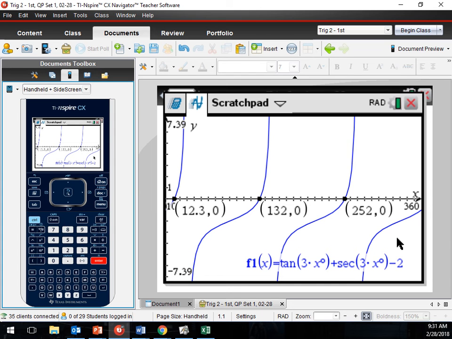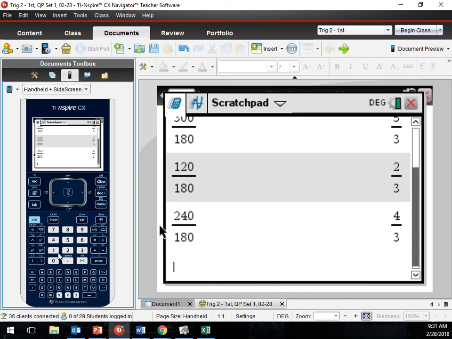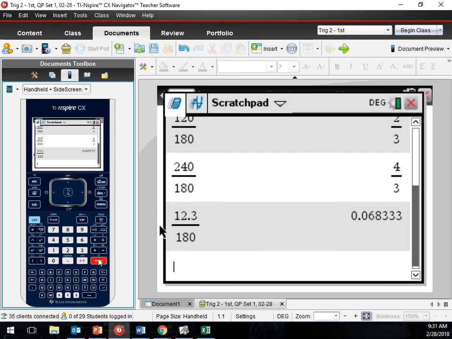So is my answer degrees or radian? Okay, so 12.3, let's try that one. So radian. 12.3 over 180. Oh, okay. And now this is what you do from here. Multiply times pi.